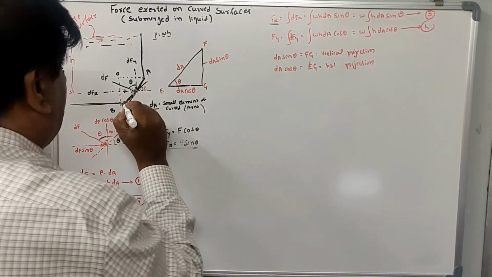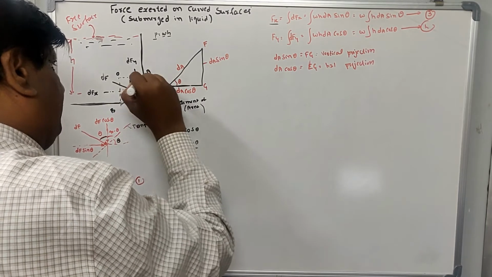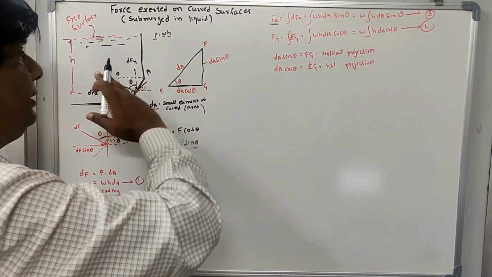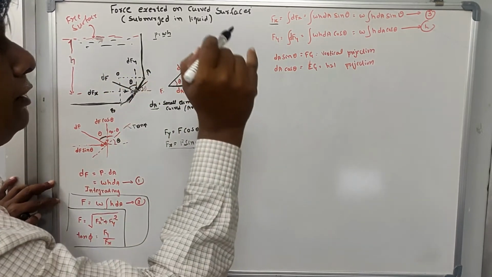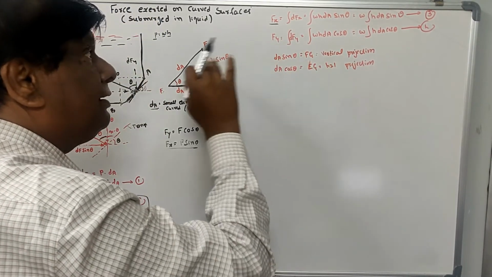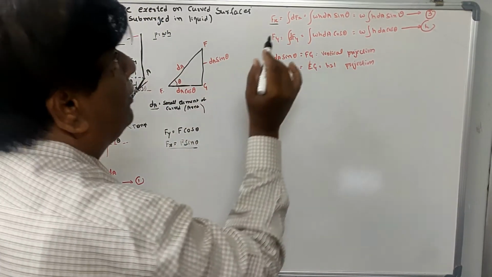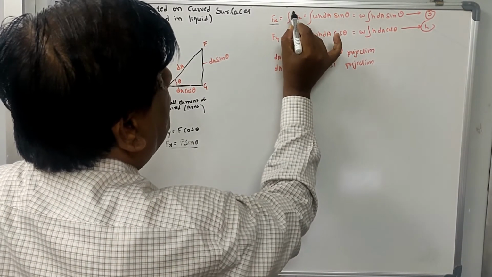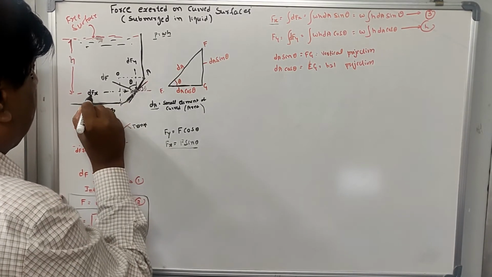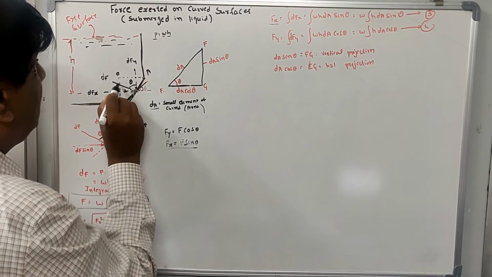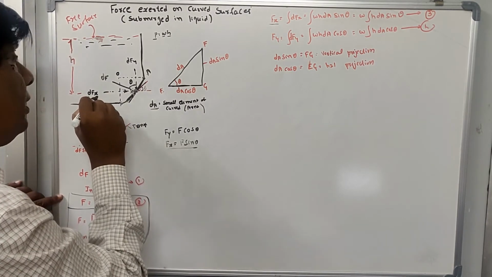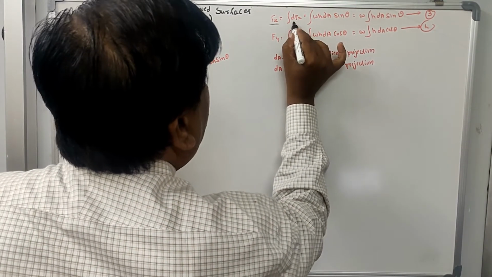Because on the curved surface the force direction changes from point to point, you get dFx1, dFx2, so it is the summation of the forces acting in the horizontal direction on the curved surface. So Fx is the integration of dFx, where dFx is the horizontal component of dF.